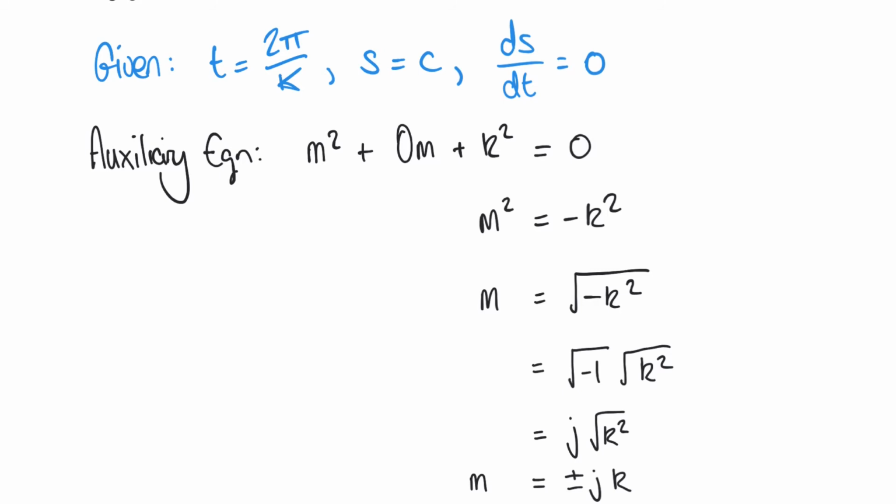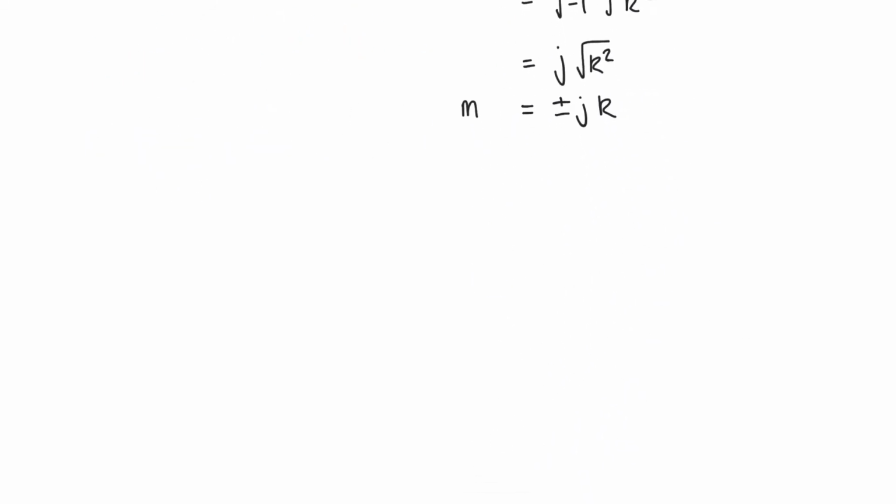In our previous video, we looked at what we can do when we're presented with roots of the auxiliary equation in the form of complex numbers, and we looked at roots in the form of m equals alpha plus or minus j beta, where alpha is the real term and beta is the imaginary term of a complex solution.